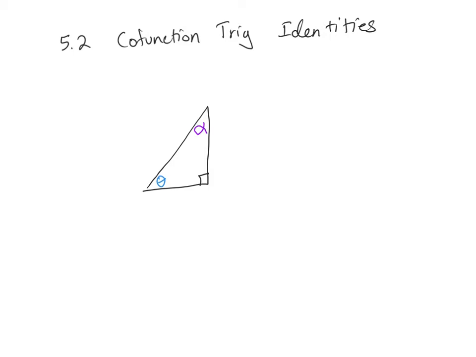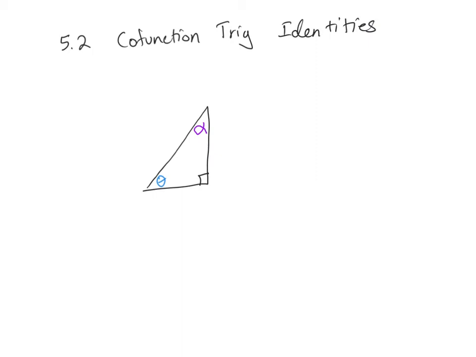A co-function trig identity is alpha, and since all triangles add up to 180 degrees, if it's a right triangle, then the other two angles have to add up to 90 degrees.